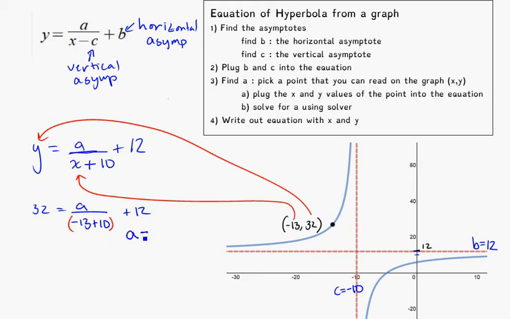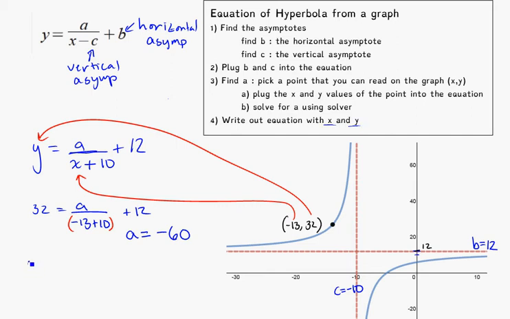So a here is going to be equal to, I would show you but I can't use the calculator app right now. A is equal to, in this case, negative 60. So now I know what a is. I'm going to write out the equation using the x's and the y's again.